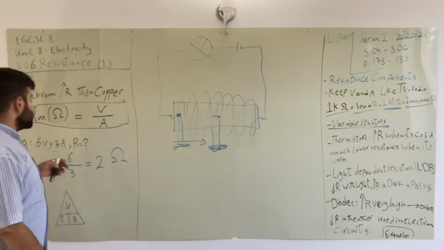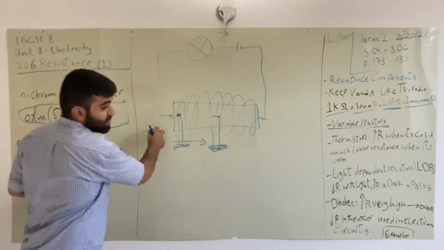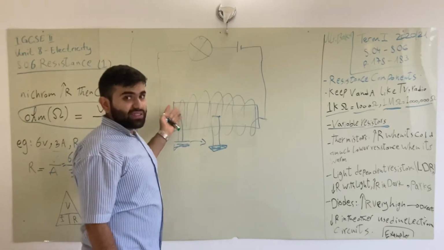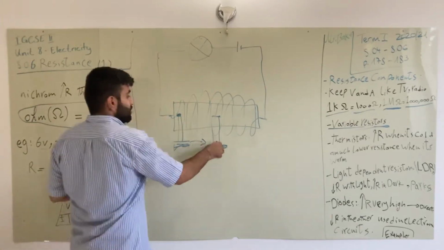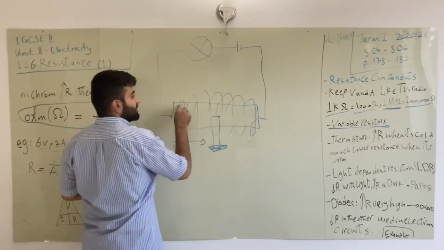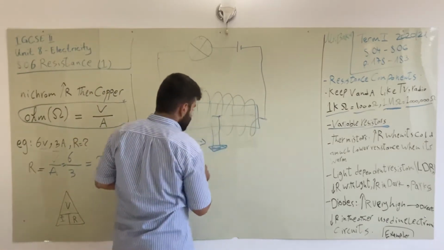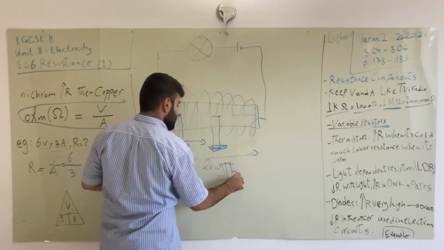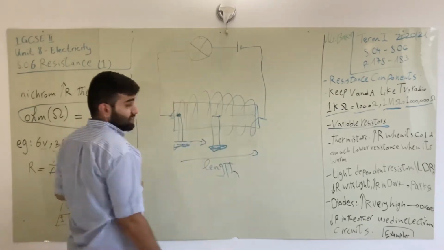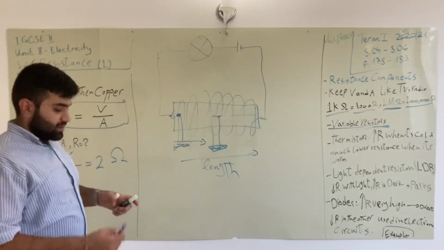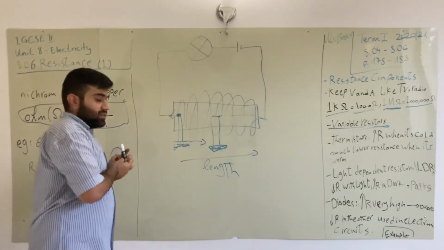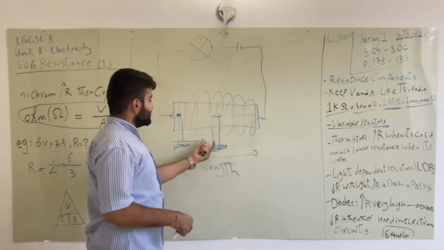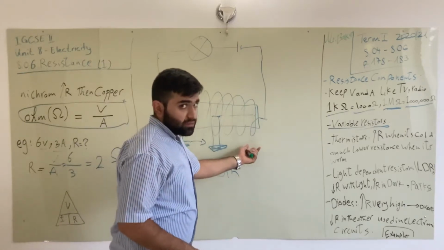And as we say here, more length means more resistance, exactly. The more I push it, the more the length is getting. So more length means more resistance. So we change this up and down, less resistance and more resistance.